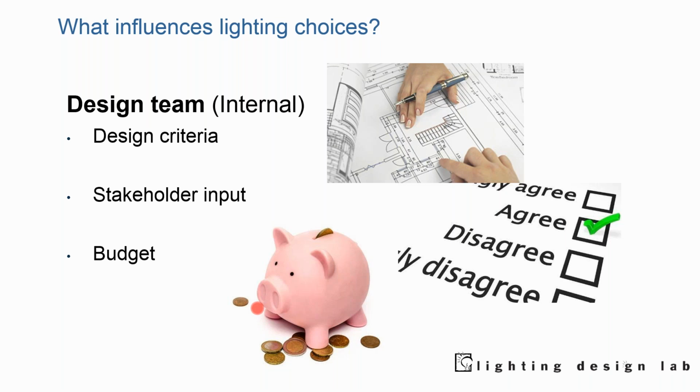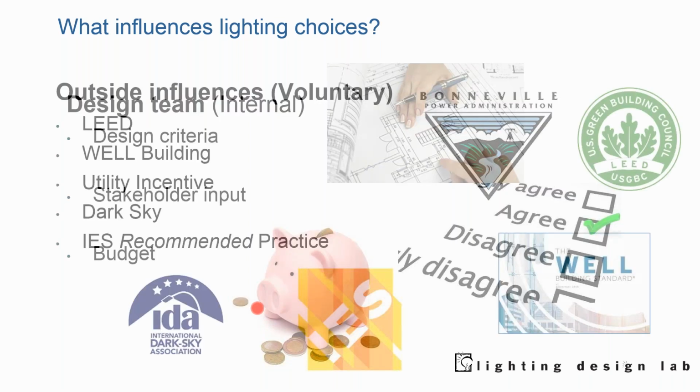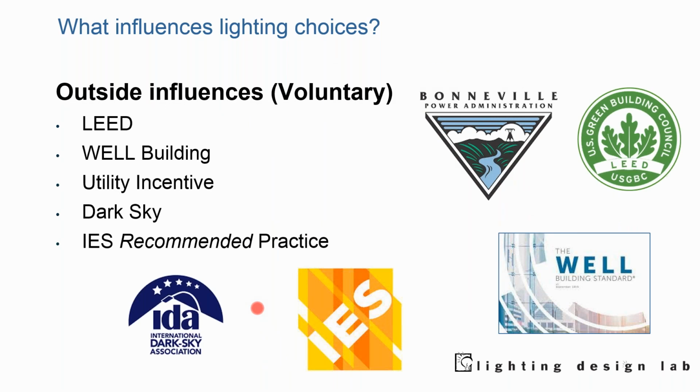So what influences our choices? Certainly there are internal influences coming from the design team: your basic goals for the design, and stakeholder input of different kinds, maybe the owner or other user groups. And then, of course, budget is going to influence lighting choices. Then there are outside influences, starting with voluntary ones.